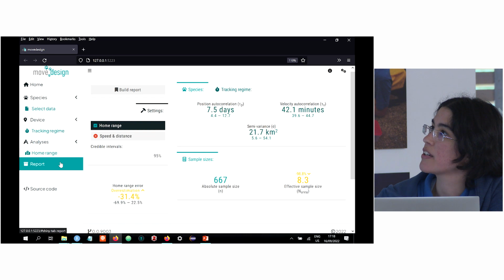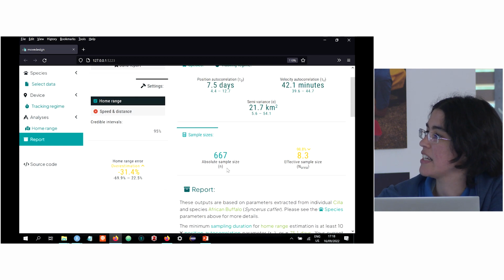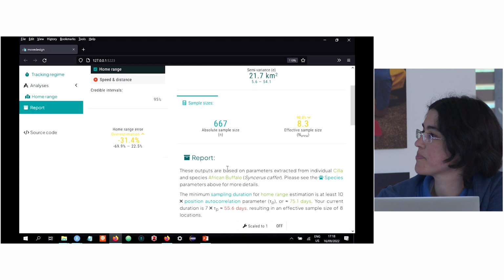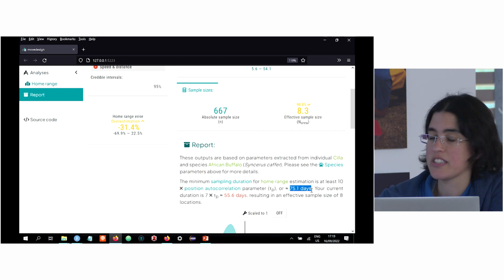Okay, so now we can look at the final report. How well did our tracking regime setup answer our questions? This is basically a rule of thumb, a general recommendation: because of these parameters that we have, we should potentially be considering at least around 75 days of tracking to answer this question.